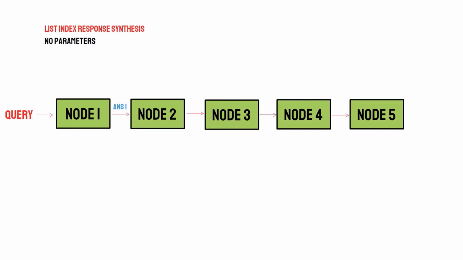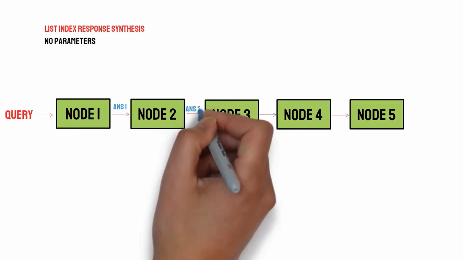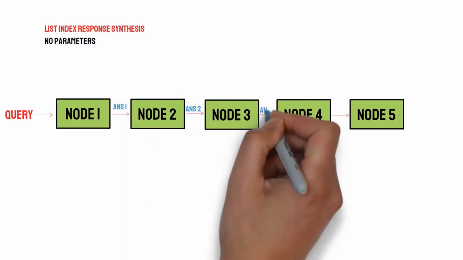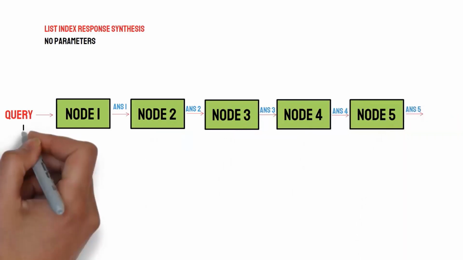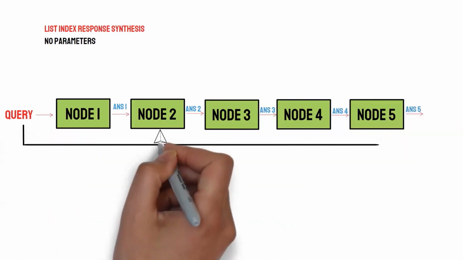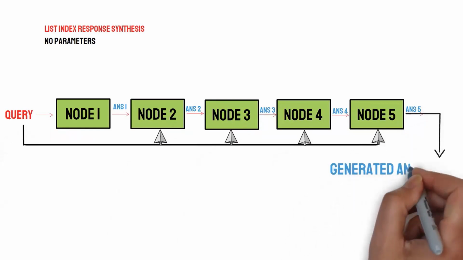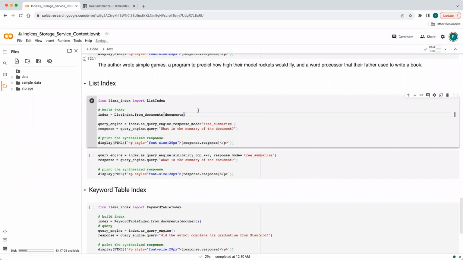Now you get answer 2 from the LLM. In a similar way, this process is repeated across all the remaining nodes, and so answer 3, answer 4 and answer 5 are generated. So the final answer is answer 5, which is generated by iterating through all 5 nodes.